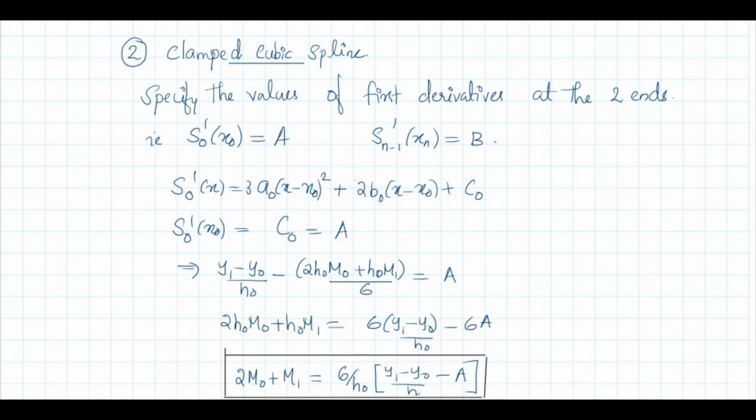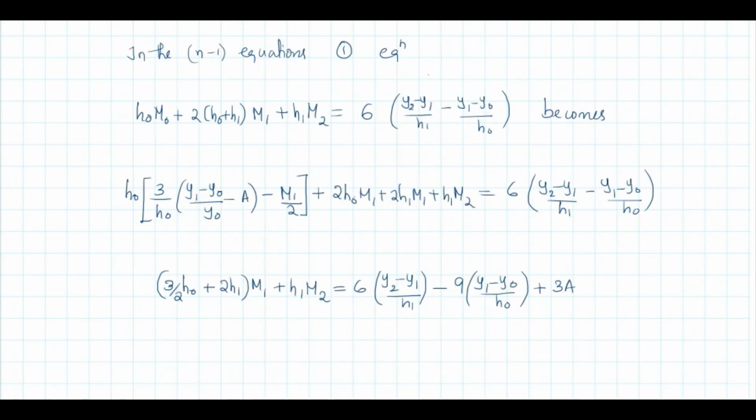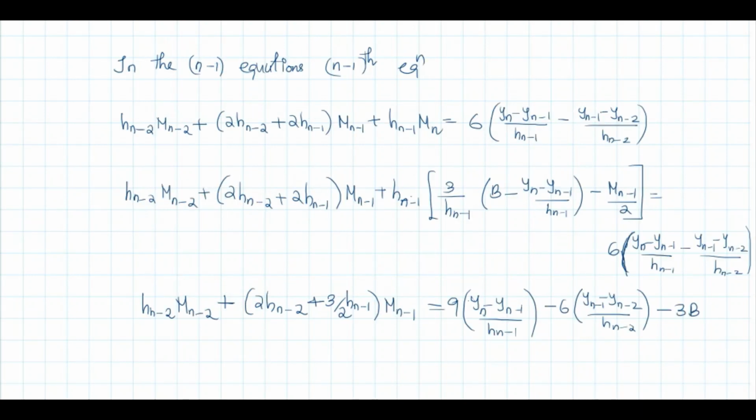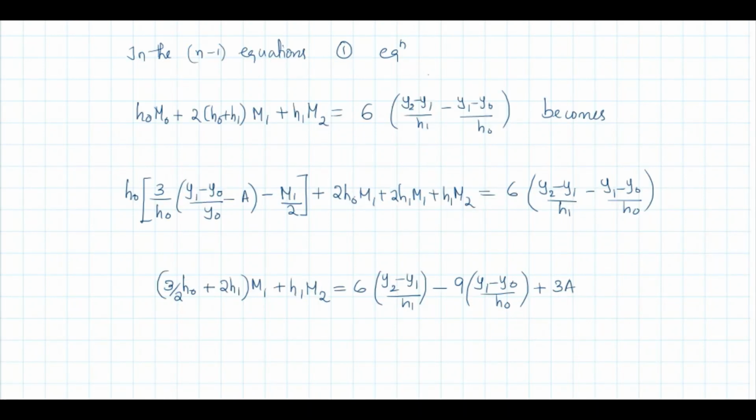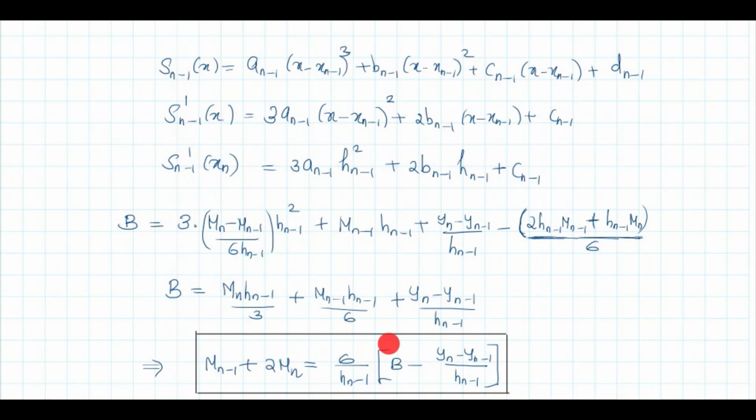Substitute for m0. Then you will get this condition, and rearranging you will get (3/2 h0 plus 2 h1) m1 plus h1 m2 equal to 6 times (y2 minus y1)/h1 minus 9 (y1 minus y0)/h0 plus 3A. Similarly, in the last equation, you can substitute for mn.